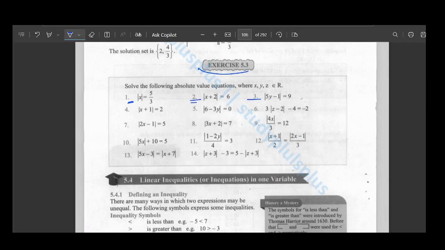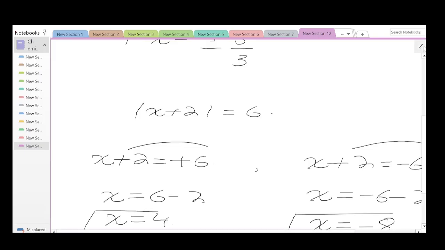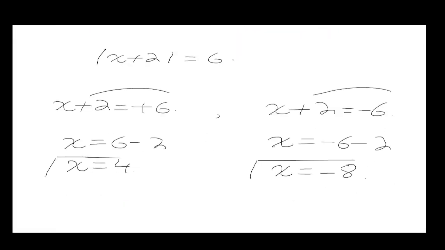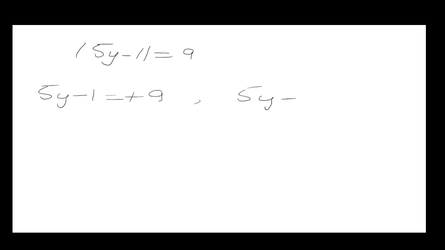Now let's move on to question number 3. Here we have |5y - 1| = 9, with 5y minus 1 inside the absolute value brackets. So this means 5y minus 1 is equal to positive 9, and 5y minus 1 is equal to negative 9.